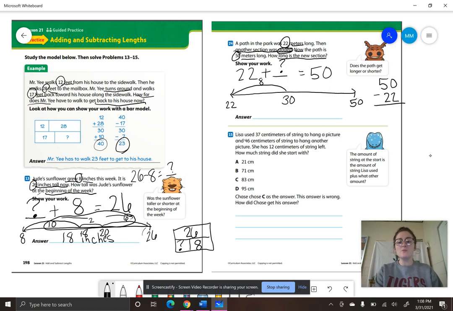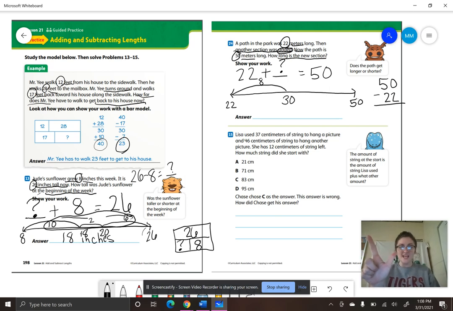Now let's look at where we are going. Right now I am at 30. I need to get to 50. What is the place that is going to change? Is my tens place or my ones place needing to change? My tens place. How many groups of 10 could I add to 30 to make a whole of 50? 30, 40, 50.